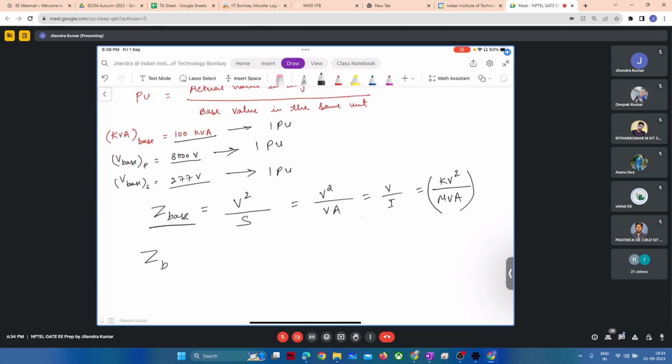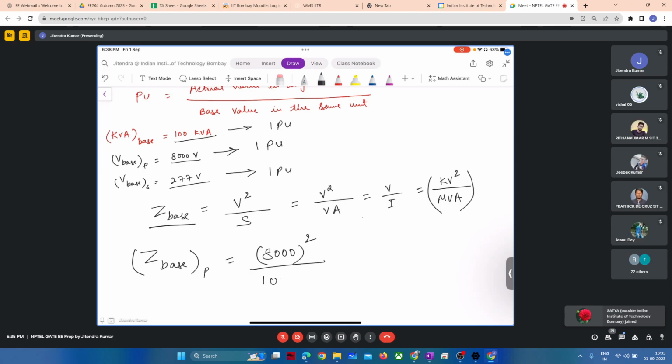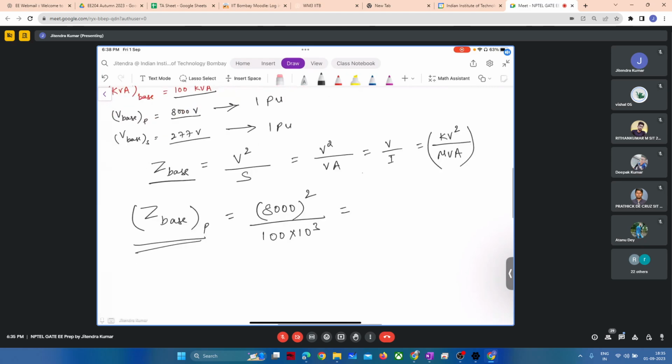Z base on the primary side will be voltage square divided by kVA. So voltage square is 8000 square divided by 100 kVA. If you compute, it will give the base value of impedance on the primary side, and the base value of impedance on the secondary side.